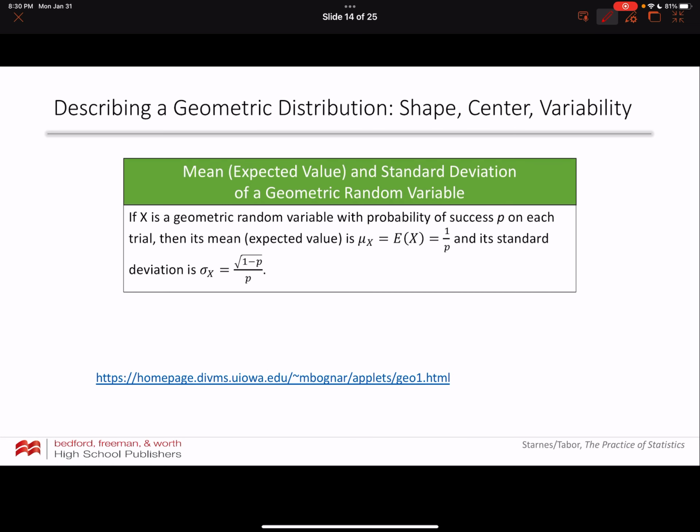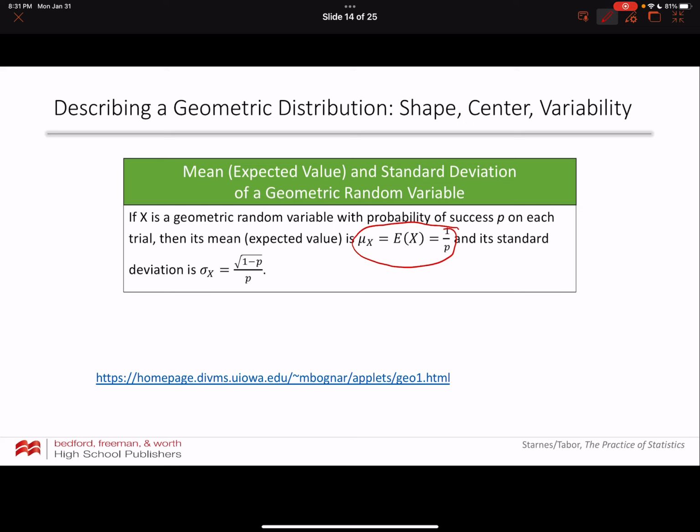All right. Let's talk about mean, or in other words, expected value, standard deviation, and we're going to talk about shape as well. So if you think about it, this formula hopefully will make sense to you. The mean or expected value of a geometric random variable is 1/p.